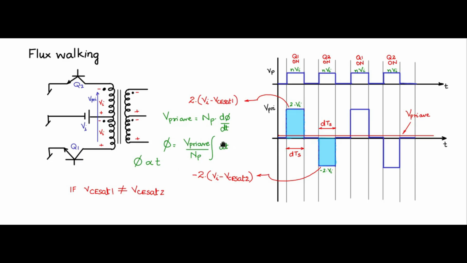The integral of dt is t. So the flux increases continuously with time. Whatever the scaling, V primary average may be 1 microvolt, and phi will continuously increase and probably reach saturation after a few months.